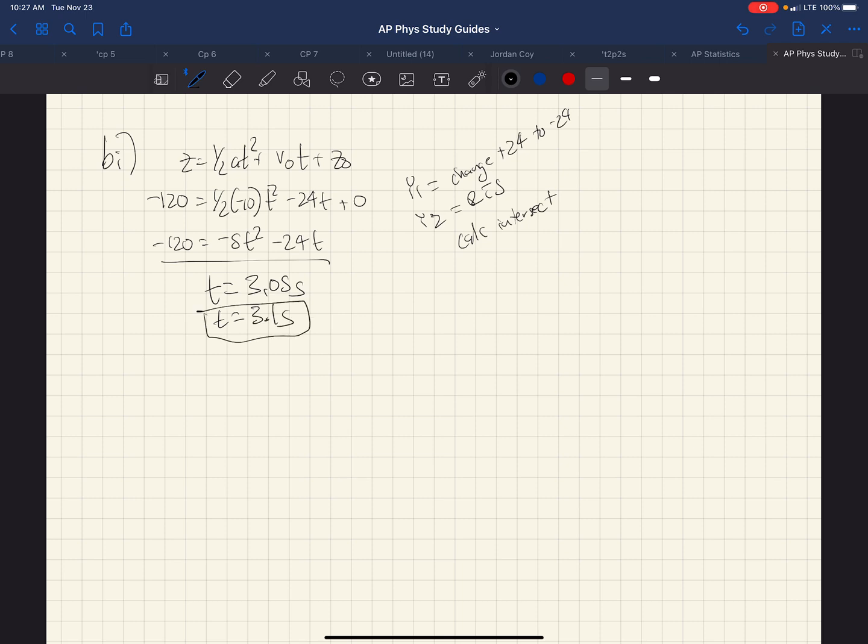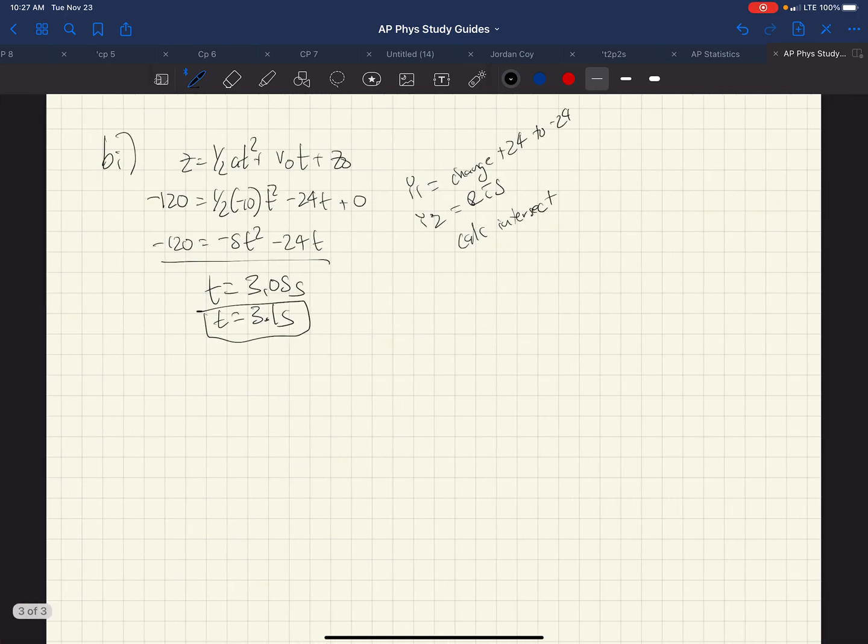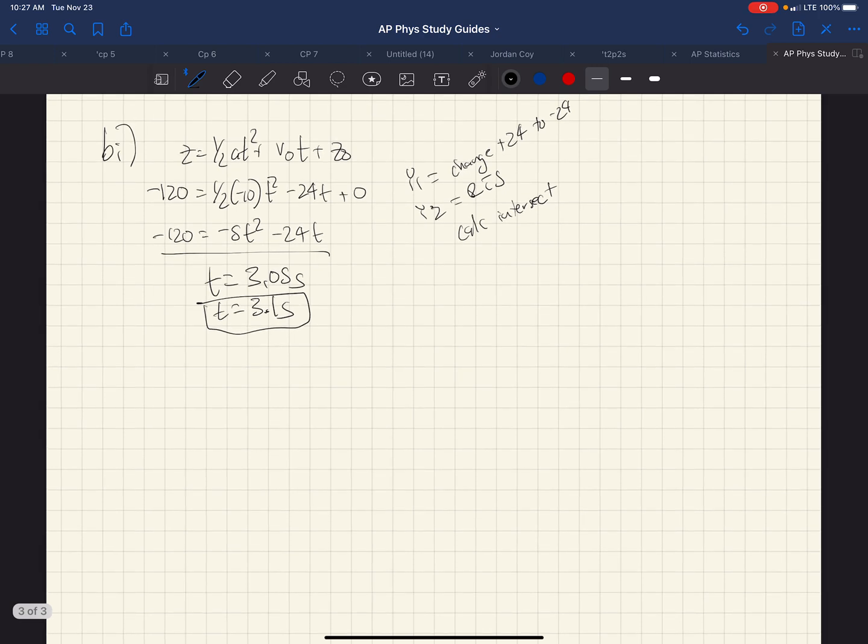And if we go back to our table, we said it was between 3 and 4 seconds. We said it would be very close to 3, and indeed it is. So 3.1 seconds. What will its impact velocity be?